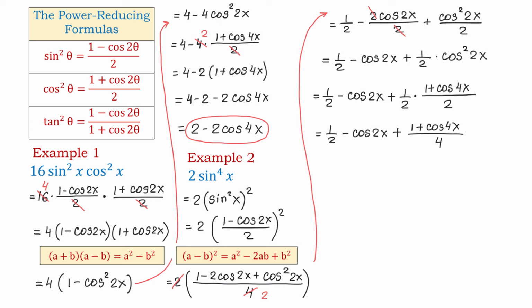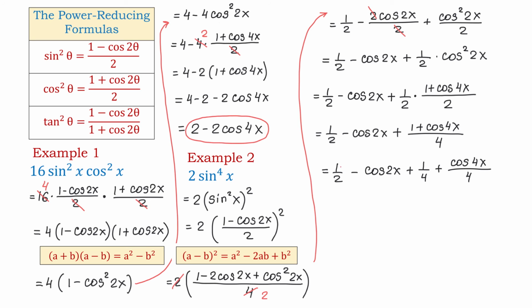To simplify more, I will write this fraction as a sum of two fractions where the first one is 1 over 4 and the second one is cosine of 4x over 4. So then we will have 1/2 minus cosine of 2x plus 1 over 4 plus cosine of 4x over 4. Now we can combine these two fractions together, and for this we need the same denominator.